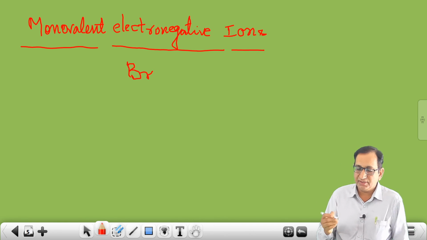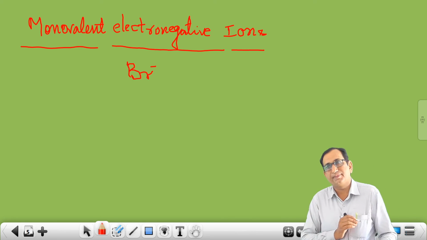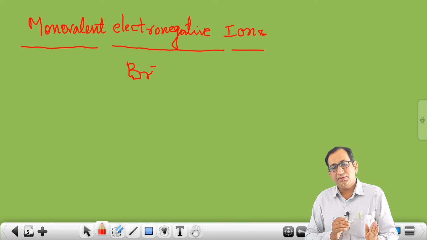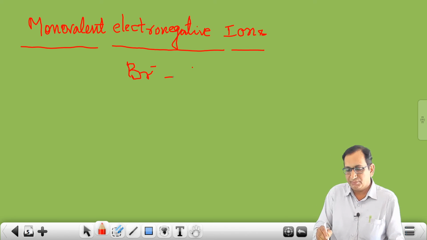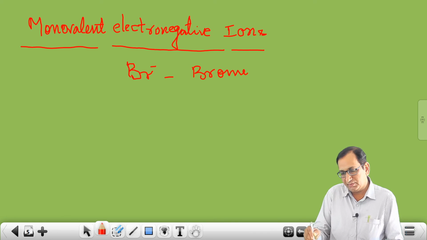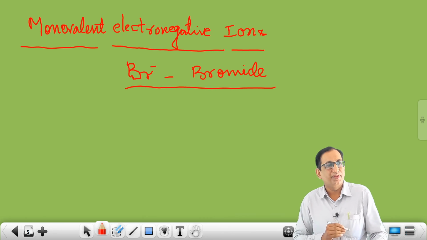If it is bromide, we will write one negative charge over it. So the element is bromine, but it is an ion now because it has got a negative charge over it. So now it is bromide, and bromide has got one negative charge.